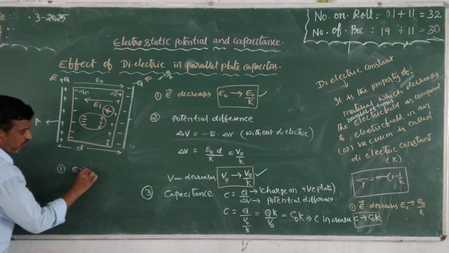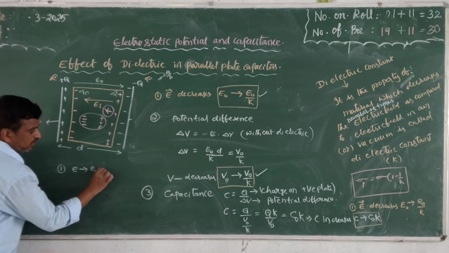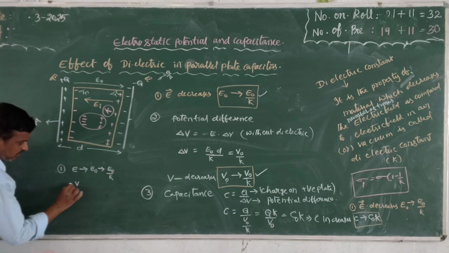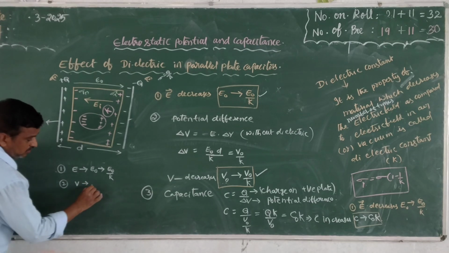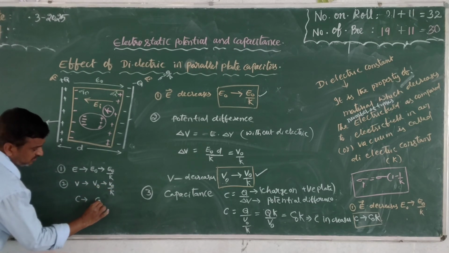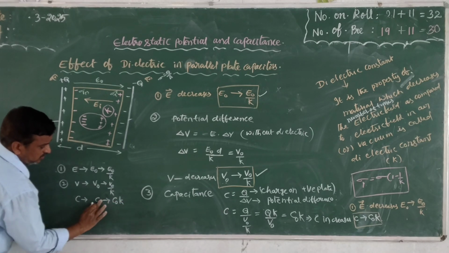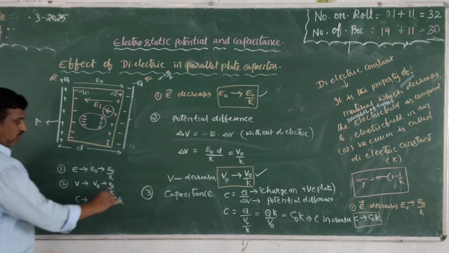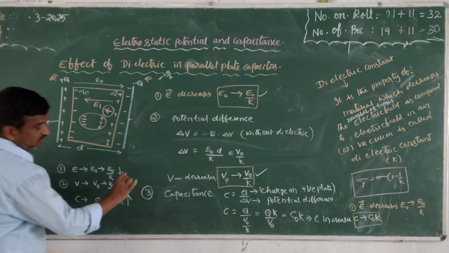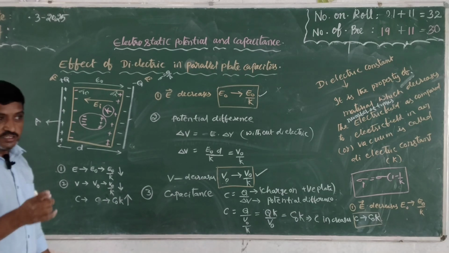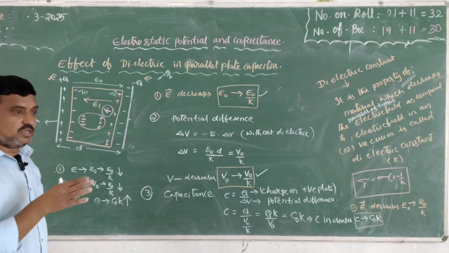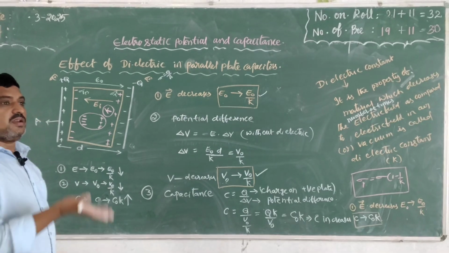Electric field goes from E naught to E naught by K. Potential changes from V naught to V naught by K. Capacitance changes from C naught to C naught K. Means when dielectric is placed between the parallel plates, electric field decreases, potential decreases, and capacitance increases.